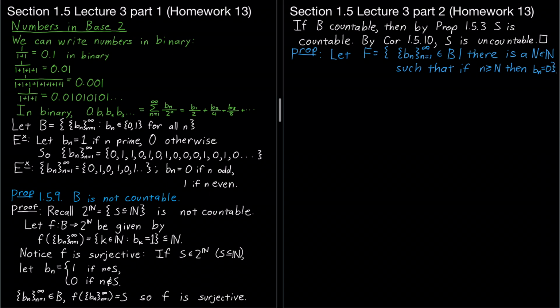So this is the set of all sequences that are eventually 0. At some point they hit 0 and then there's never a 1 again.